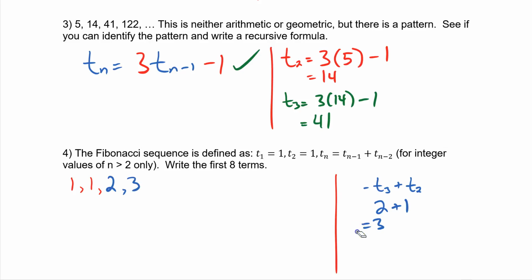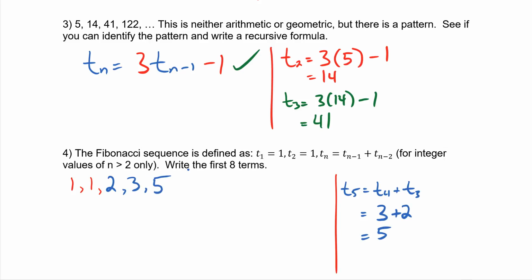Now I'll do one more with you, and then maybe you can try doing the rest of it yourself. So term number 5, n minus 1 would be term 4, plus n minus 2 would be term 3. We get, now term 4 we calculated as 3, plus term 3, which is 2, term 5 will be 5.